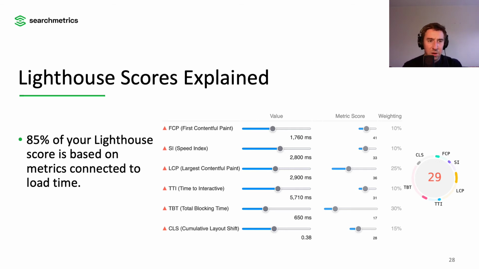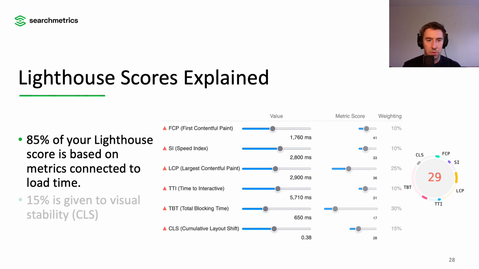Only 6 metrics affect this score, some of which we've already talked about: FCP and LCP, basically measuring how quickly the page loads, and the largest element, how long this takes. We also have speed index, time to interactive, total blocking time, and cumulative layout shift. You can see the weightings just over here.